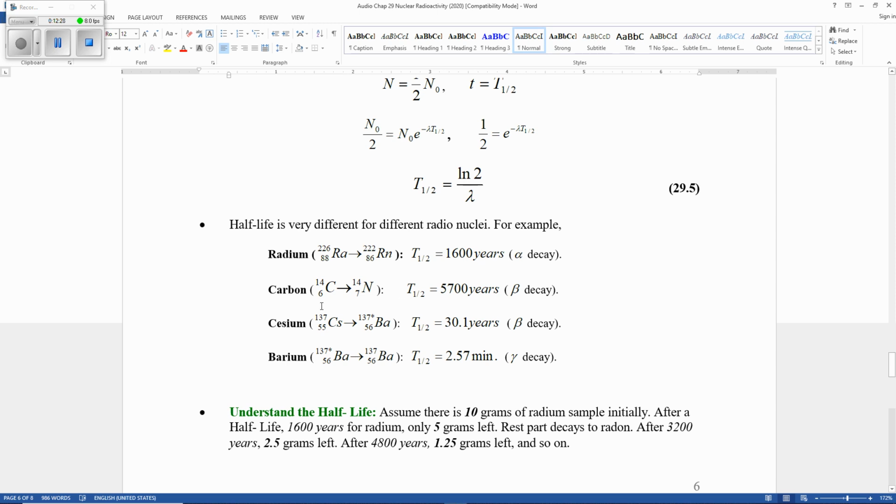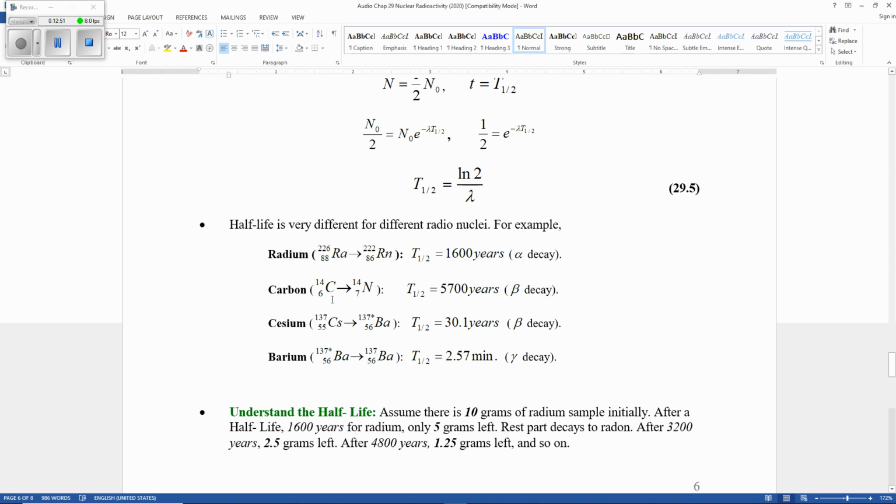Carbon-14. So with carbon-14, what happens is 1 neutron changes to 1 proton. So the total number is still the same, 14 and 14, because the nucleons are the same. 1 neutron changed to a proton, but the bottom number changed.